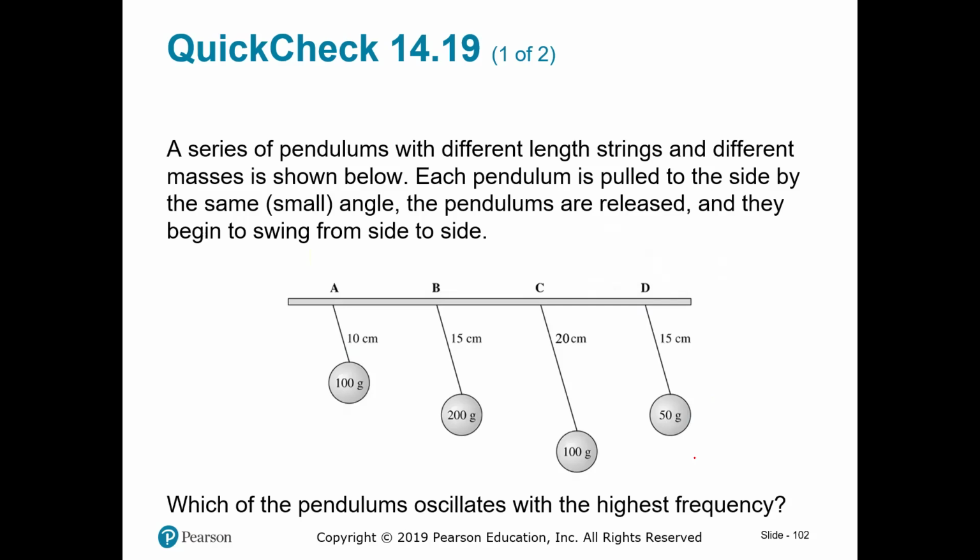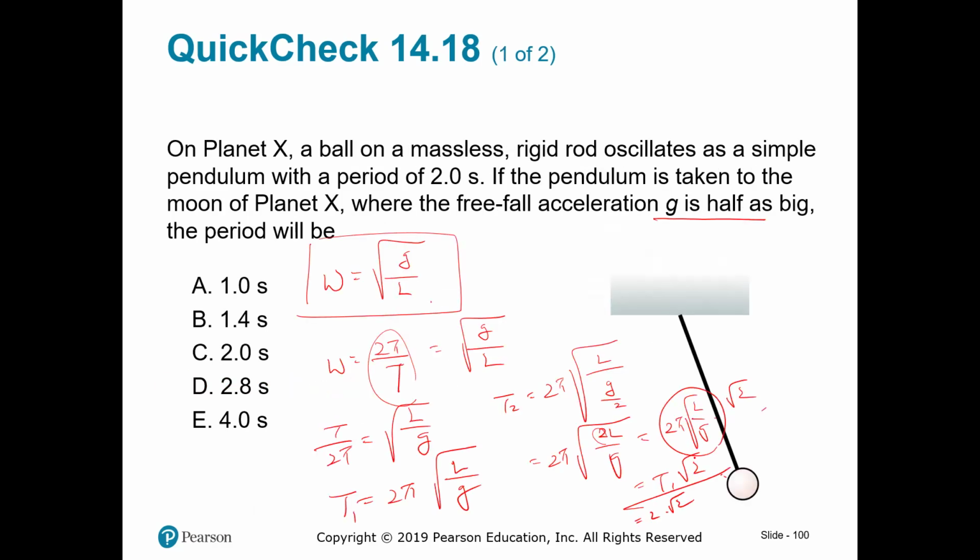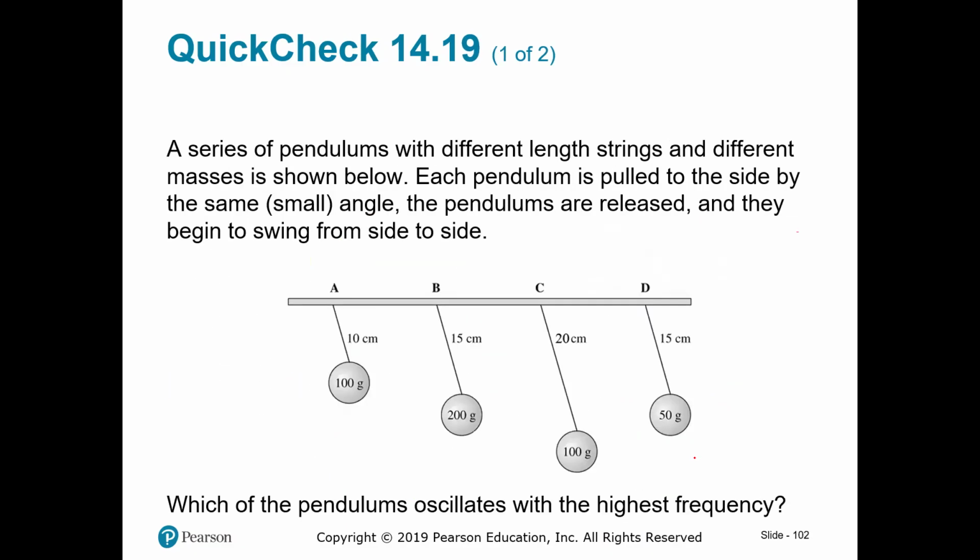And the next question, again, we will use the same formula. Omega is root g over L, right? So now we see again, from the previous question, we know omega does not depend on the mass, right? So mass, forget about it. And then we see it only depends on the length, right?